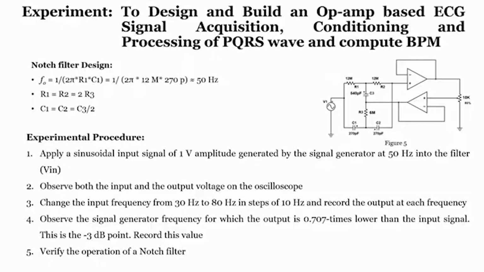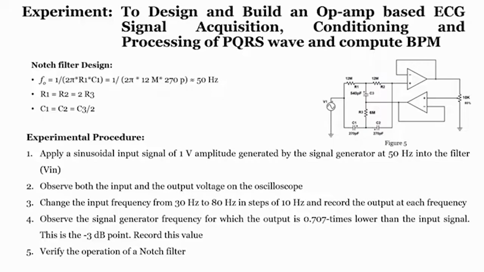Now, in our experiment to design and build an op amp based ECG signal acquisition, conditioning and processing of the PQRS wave to compute BPM, we will see how to do the notch filtering using operational amplifiers. As we know the importance of notch filtering in our application, and we also know how to use a passive notch filter circuit, this is similar to our passive notch filter.